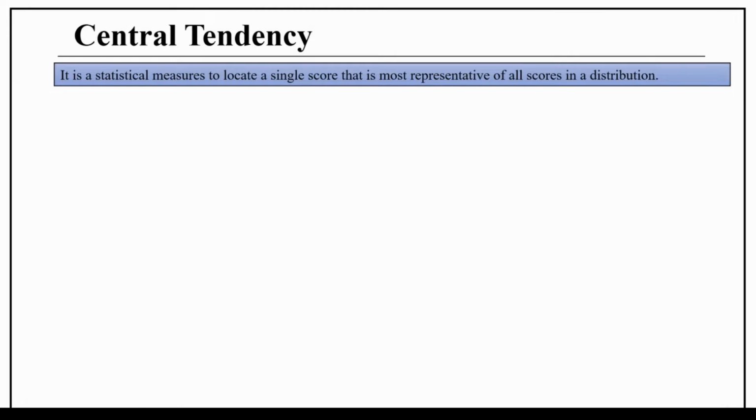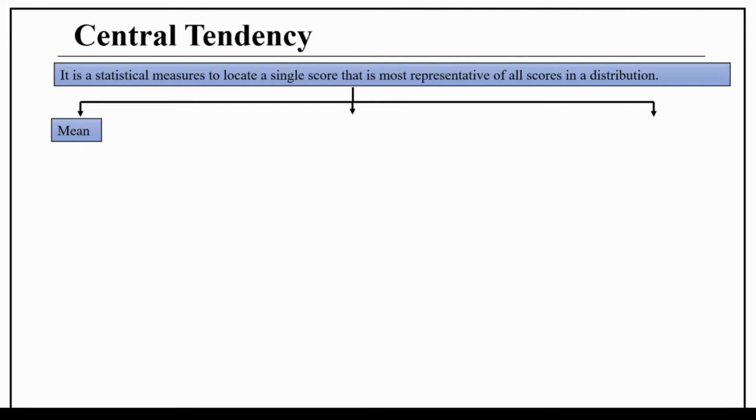In simple words, it is a descriptive measure that indicates the center of all the observations. That's why it is also called a measure of center. There are three ways of finding the center of measurements. The first one is mean. It is the most commonly used measure of center. The mean is calculated by taking the sum of all observed values in the data divided by the number of observations.